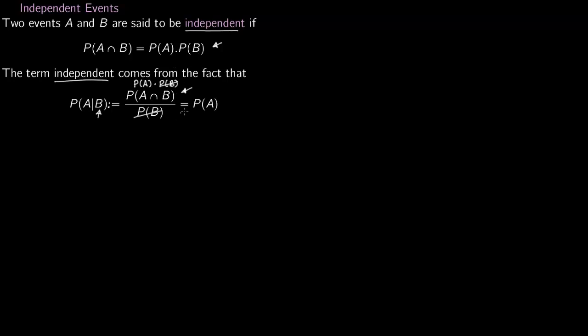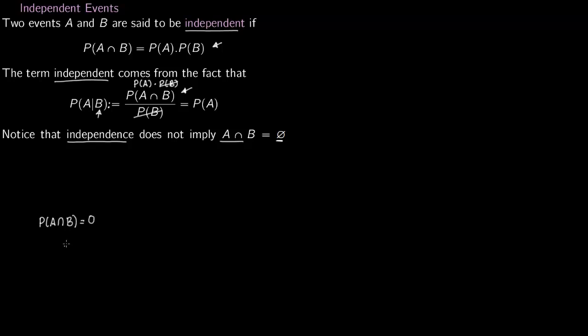Now very important, the independence does not imply that A intersection B is a null set. The word independence in English would mean that, say, two sets A and B are disjoint. They have nothing to do with each other. Now in that case, A intersection B would just be a null set, and that would mean probability of A intersection B is 0.